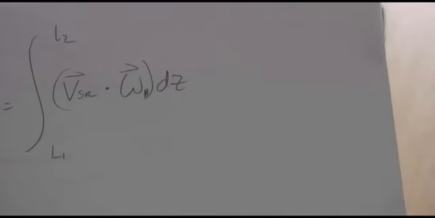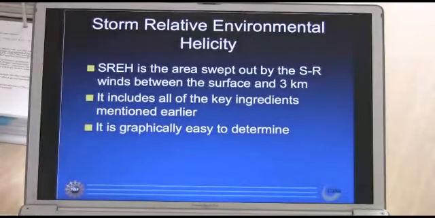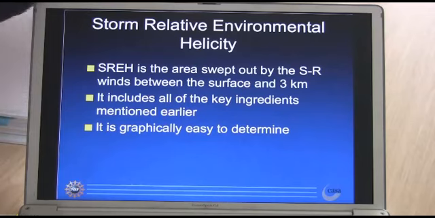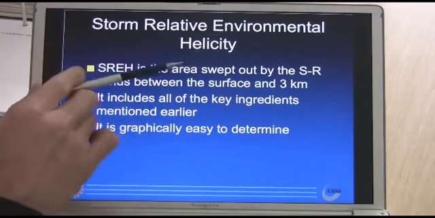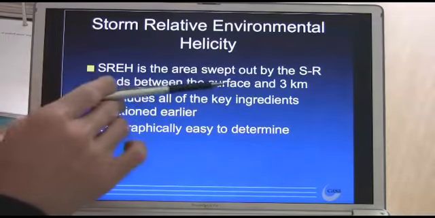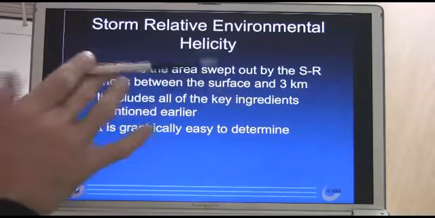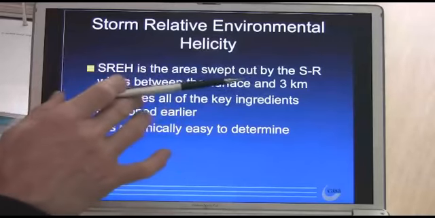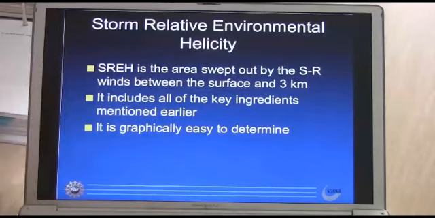Now you're going to show in a problem set that this has a very simple graphical interpretation on a hodograph. So let me tell you what that graphical interpretation is, and then I'll show it to you schematically. Okay, it's a little bit complicated sounding, but in practice it's very simple, as you'll see. It's actually minus twice the signed area swept out by the storm relative winds between the surface, and typically either 1 to 2 or maybe even 3 kilometers.